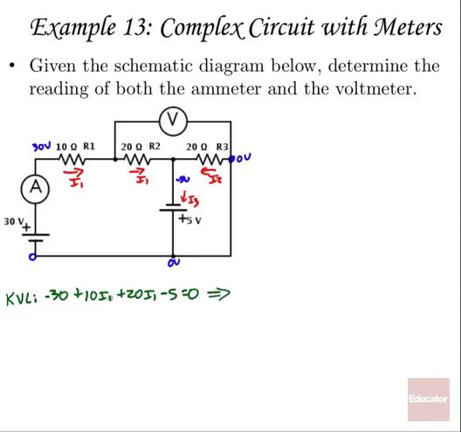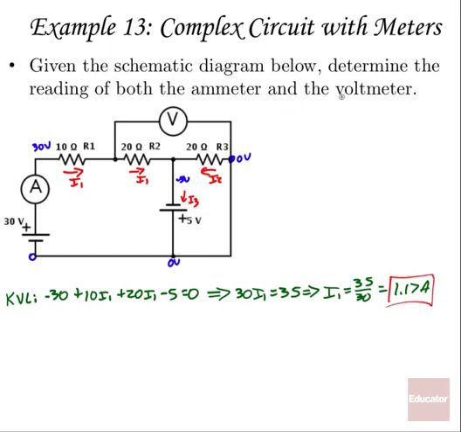Well, I've got one equation and one unknown. This just became relatively simple. A little bit of algebra: 30 I1 must equal 35. Therefore, I1 equals 35 over 30, or about 1.17 amps. I1 is what goes through the ammeter, so there's our first answer.